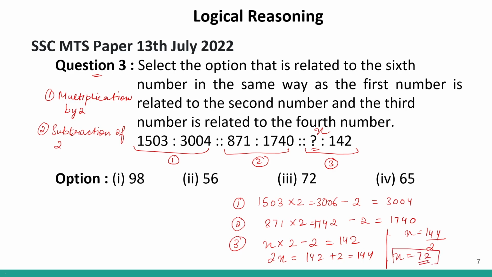So the value of x is 72. Correct? So my answer will be option number 3, 72. Clear? You can take a look at the solution. So basically we formed the equation and then we found the value of the unknown variable, which was x. Okay.